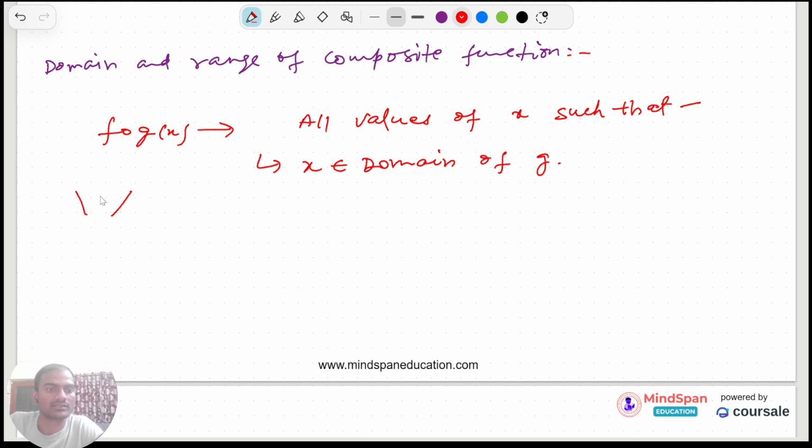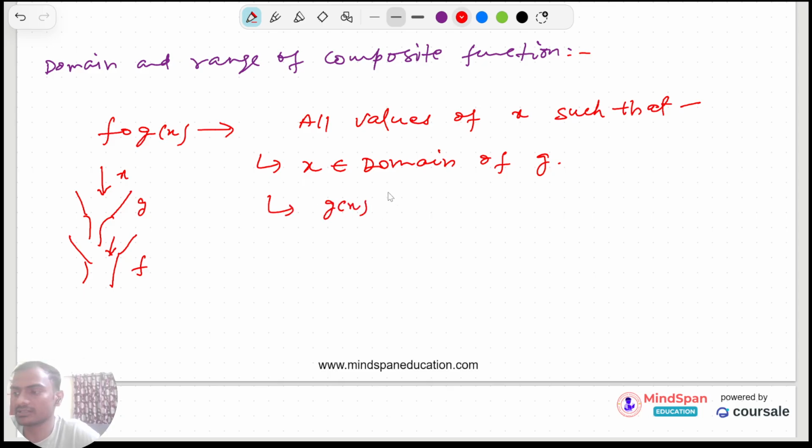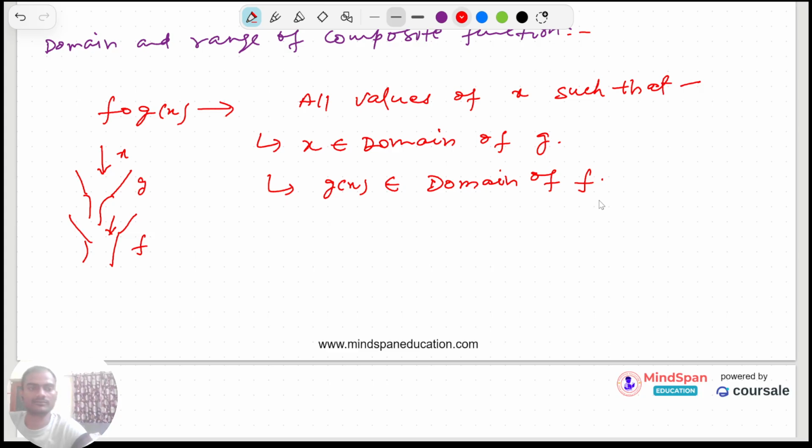If this is g and its output is going into f, then all the input that is allowed as the domain of g is the first condition. And the second thing we can say is that g of x should be part of the domain of f, otherwise it will break f, right?